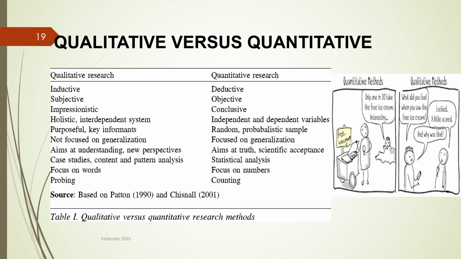Qualitative research depends on what we call case studies, content and pattern analysis, or as we said, thematic analysis, while in quantitative research, we are talking about statistical analysis of the numerical data collected. Qualitative research focuses on words or texts. Quantitative research focuses on numbers.